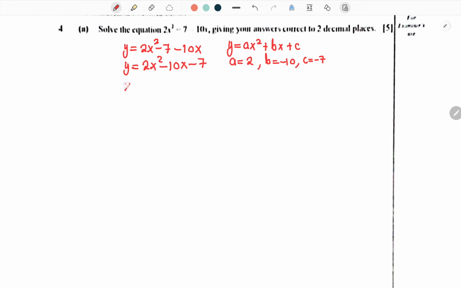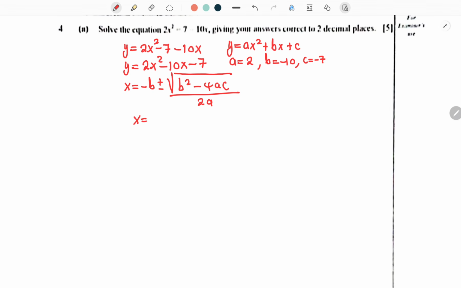From there, we know that x is equal to minus b plus or minus the square root of b to the power 2 minus 4ac, all over 2a.